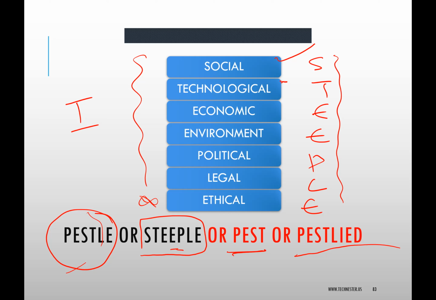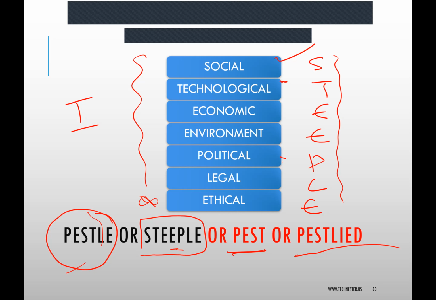So let me reemphasize. If you mistakenly misassign an issue as legal when it's supposed to be political, it doesn't matter. This is just a guideline to help you tease out issues, to help you figure out what you should be talking about and what you should even be asking.